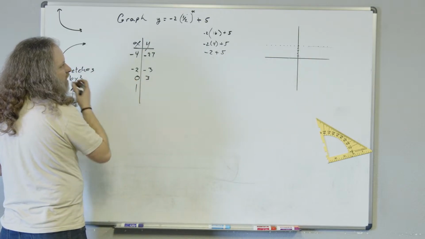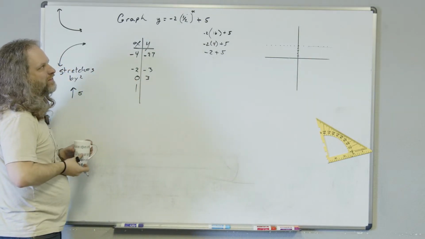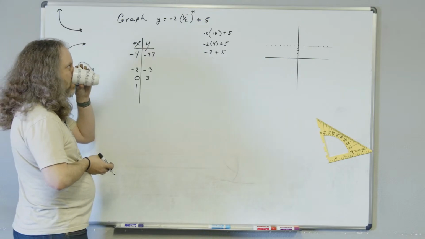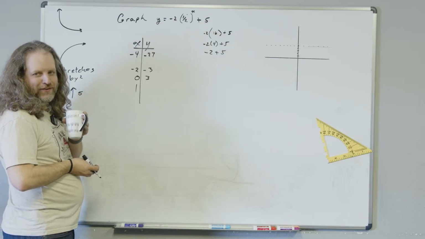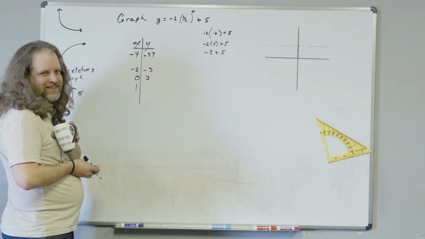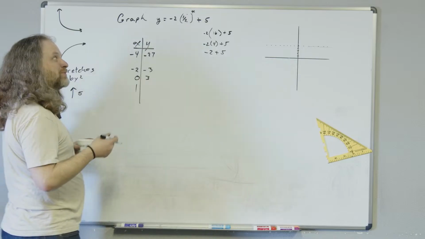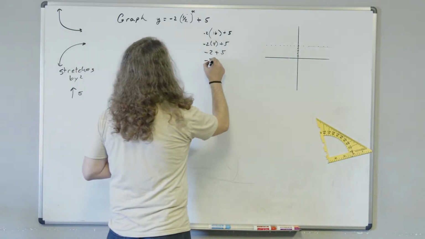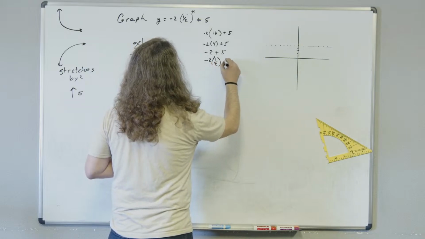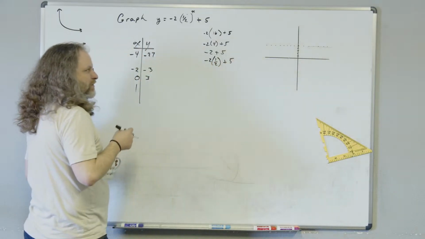Wowzers. What's 1/2 to the 1st? What's 2 to the 1st? 2. So what's 1/2 to the 1st? 1/2. Negative 2 times 1/2. What's negative 2 times 1/2?